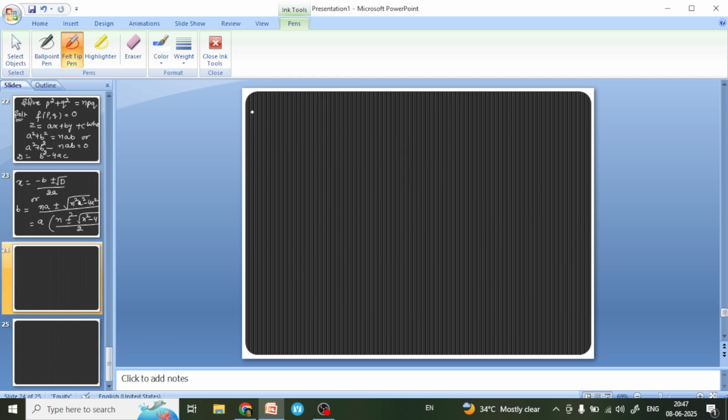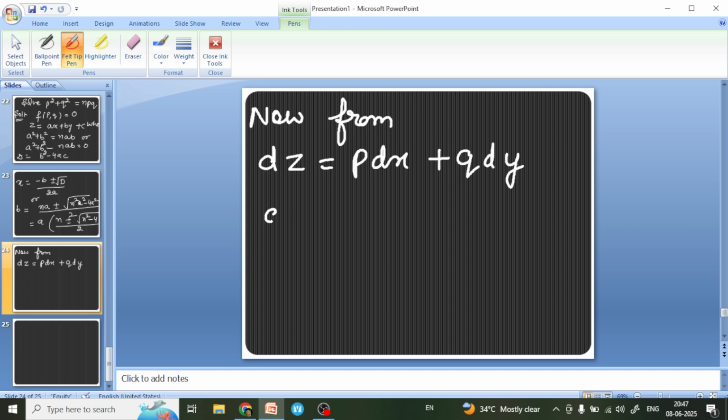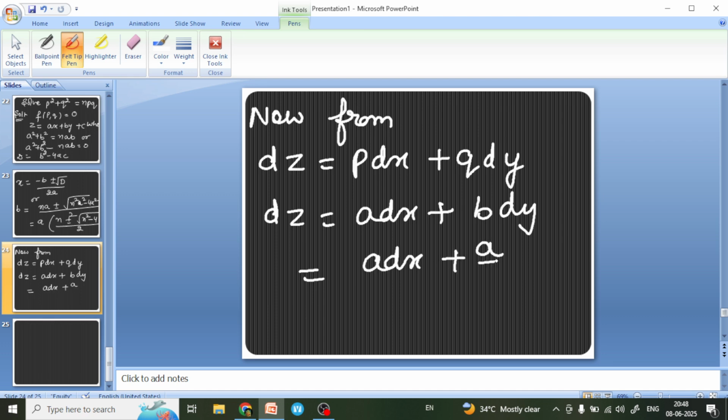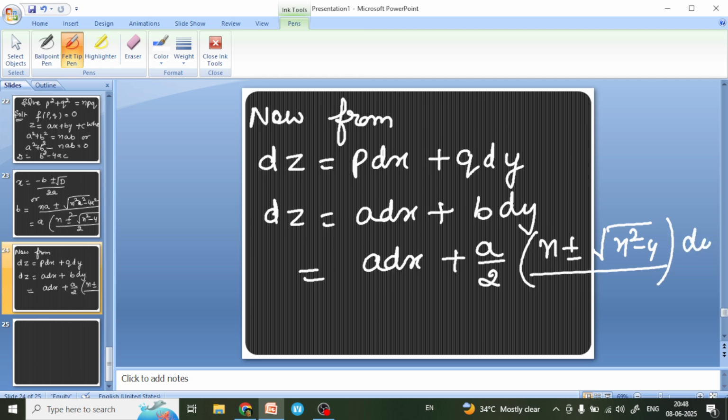And after that, from dz is equal to p dx plus q dy, dz is equal to a dx plus b dy, which is equal to a dx plus a over 2 times n plus minus square root of n square minus 4, bracket close, dy, like this.